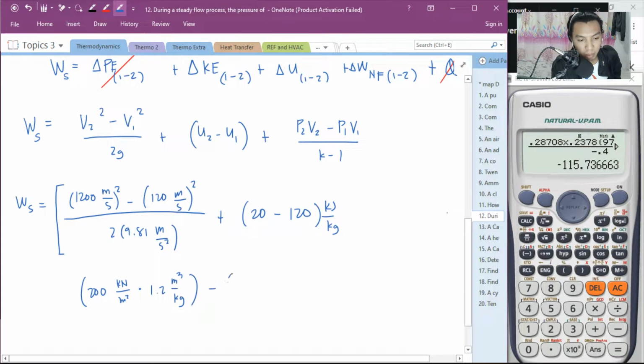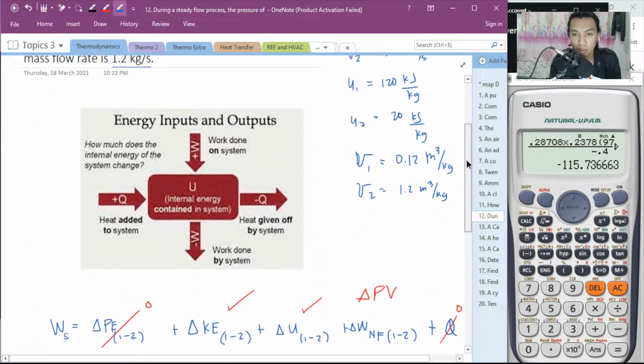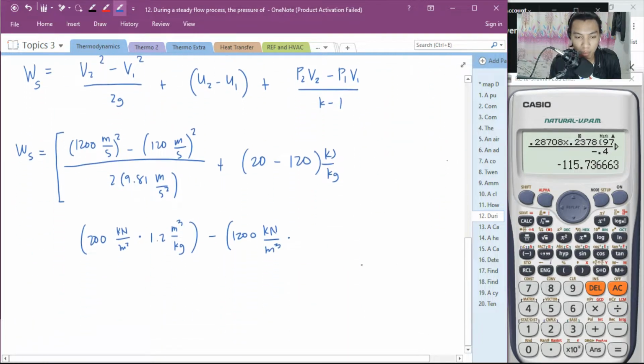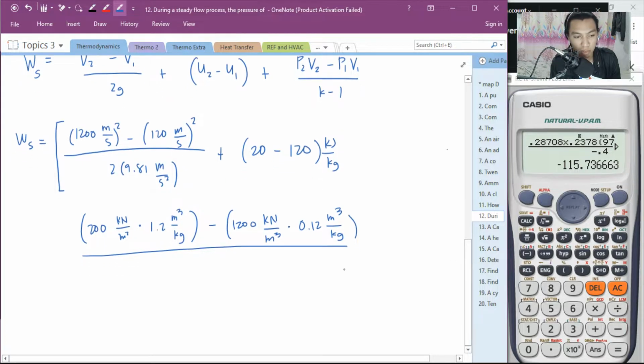Okay? Minus 1,200 kilonewton per square meter multiplied by 0.12 cubic meter per kilogram, divided by k minus 1, which I used here because P2 comes first, 1.4 minus 1.